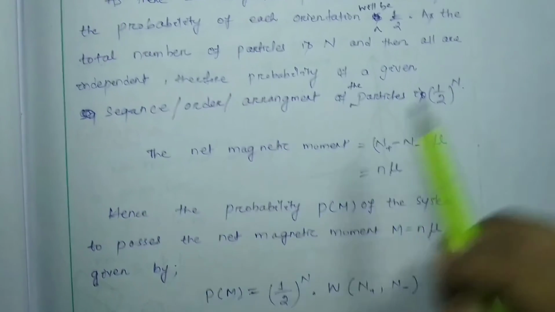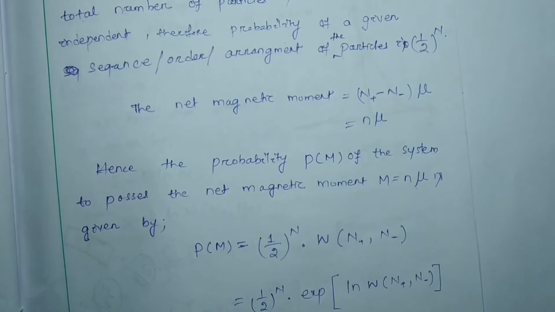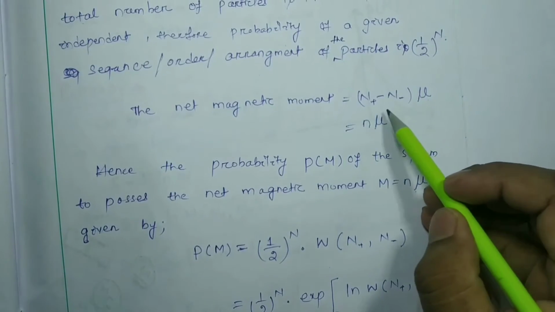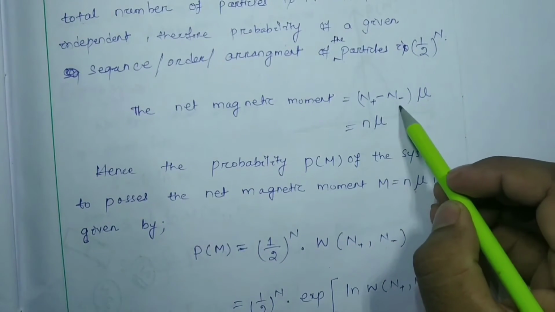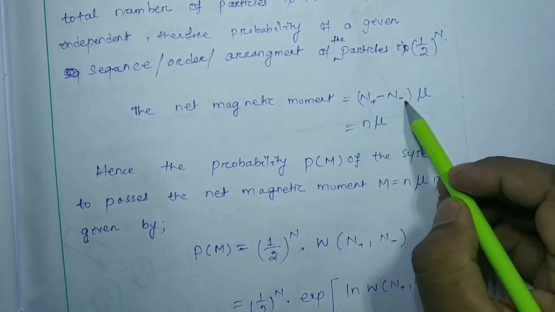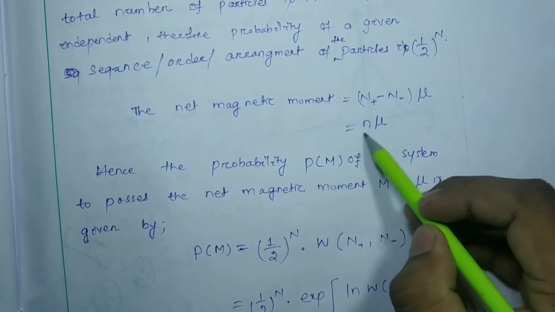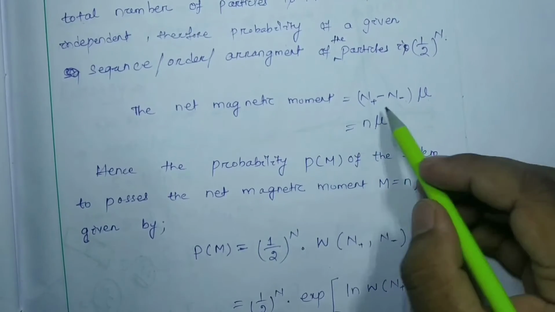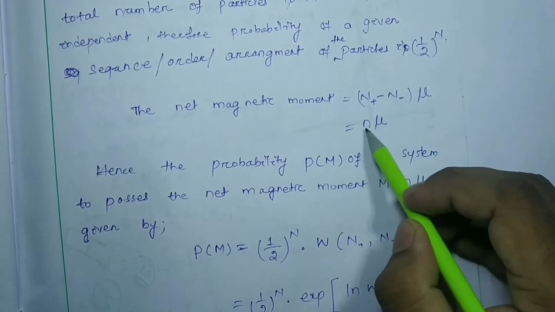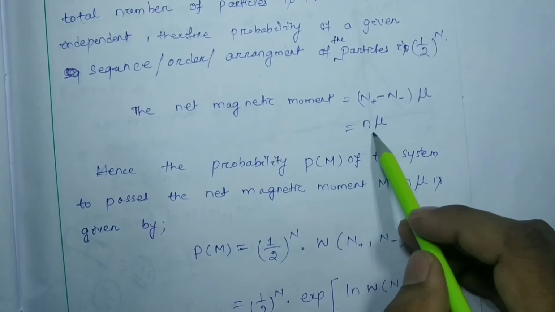The net magnetic moment will be n plus minus n minus into mu. We know that n plus minus n minus is small n, as we considered earlier, so the net magnetic moment will be n mu.